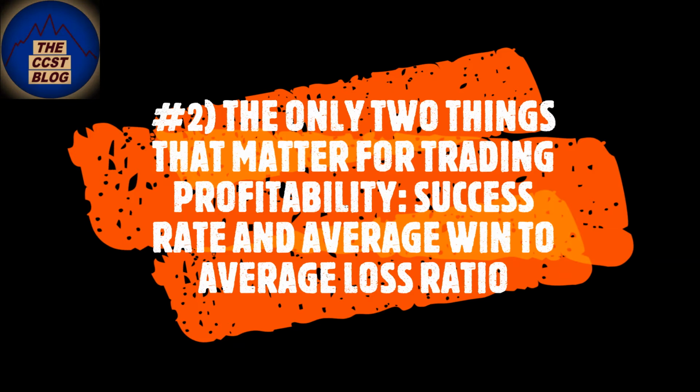Very few people, at least I believe, concentrate on the denominator, which is the average loss. So I came to the realization that mathematically it was the same thing. If you can reduce your losses, your average win to average loss ratio will improve just as well as if you just focus on improving the size of your winners.